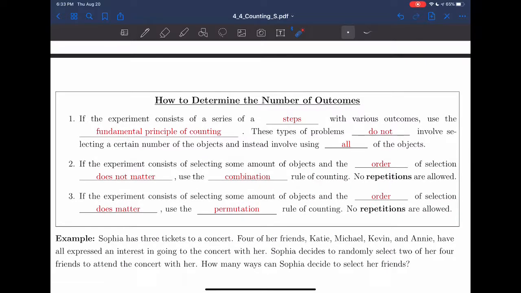But let's say your experiment consists of selecting some amount of objects and the order of this does not matter. Then this gives you a clue to use combinations. And just a little note here, no repetitions are allowed. And let's say your experiment consists of selecting objects and order does matter. Then this kind of gives you an idea that we use permutation. And again, no repetition is allowed.